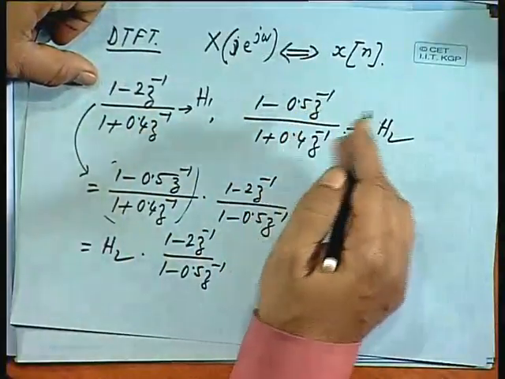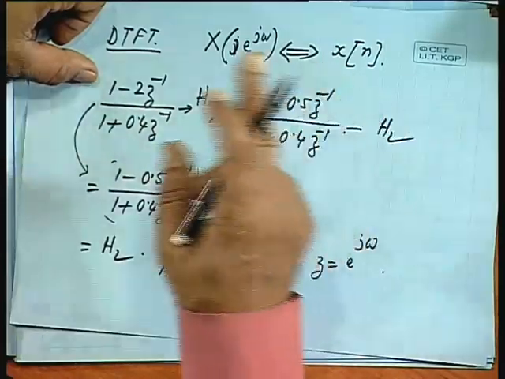So, this ambiguity once again can be resolved only when we consider the roots for a discrete system, very similar to your continuous domain, we consider the roots within the unit circle.